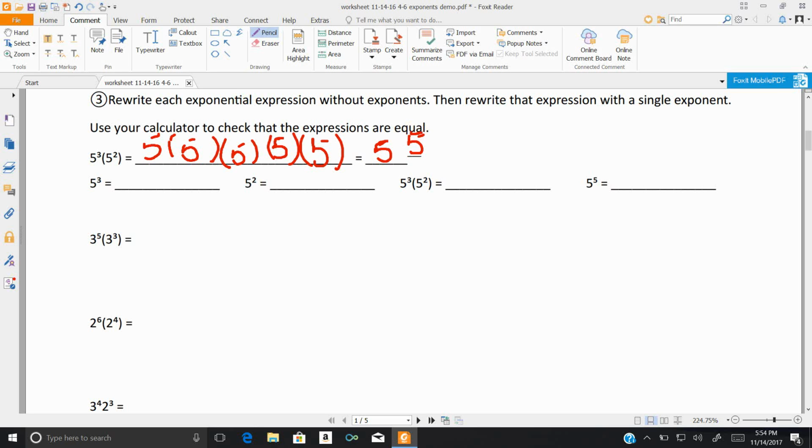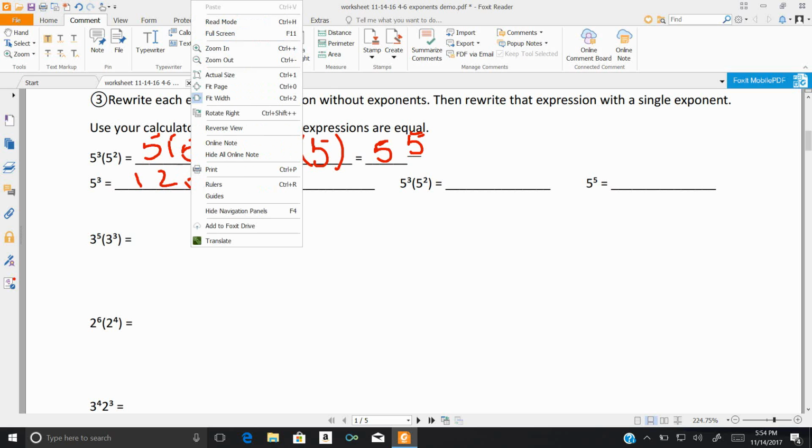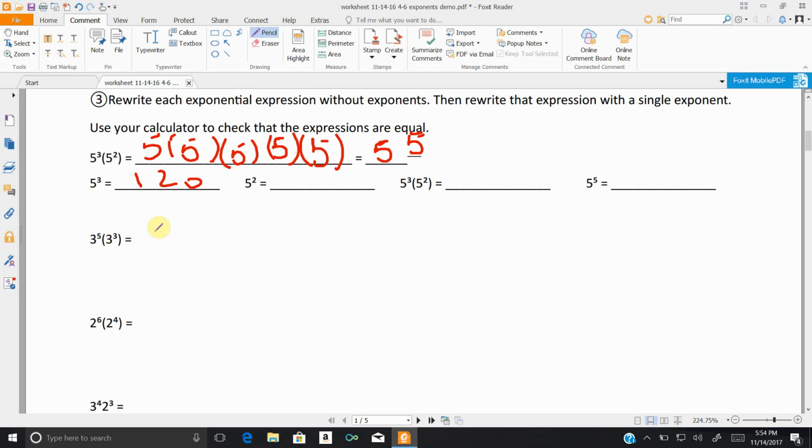And then I wanted you to check those answers. 5 to the 3rd power means 5 times 5 times 5. That's 125 if you put that on your calculator. And 5 squared is 25.